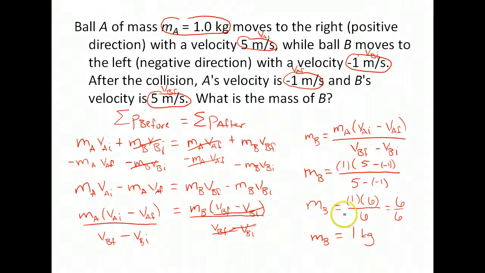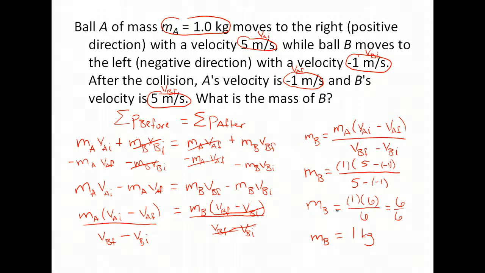Now, intuitively, that also makes sense, because basically what happened was their velocity switched. A was going 5 meters per second at the beginning and then ended up going -1 meter per second at the end. Where B started at -1 meter per second and then ended up going 5 meters per second.